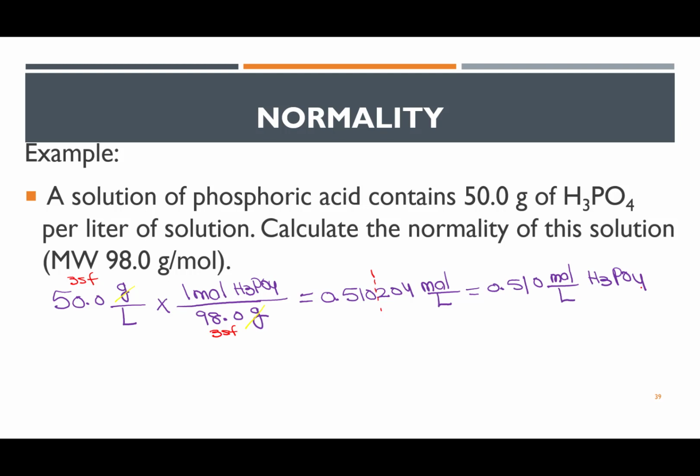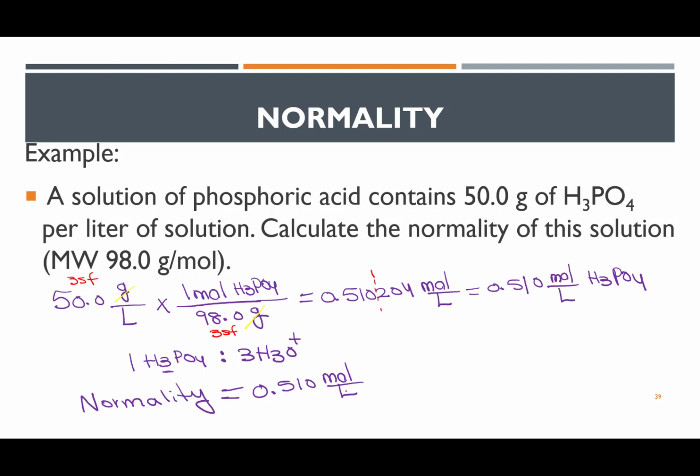And if you look here, 1 mole of phosphoric acid is proportional to 3 moles of hydronium ion. You see that? That's 3. Therefore, normality is equal to molarity, which is 0.510, times the units of hydronium ion.